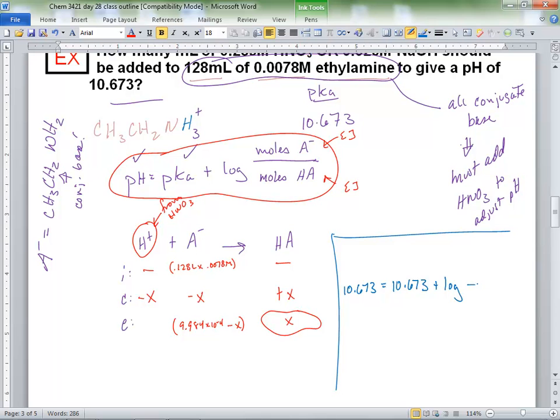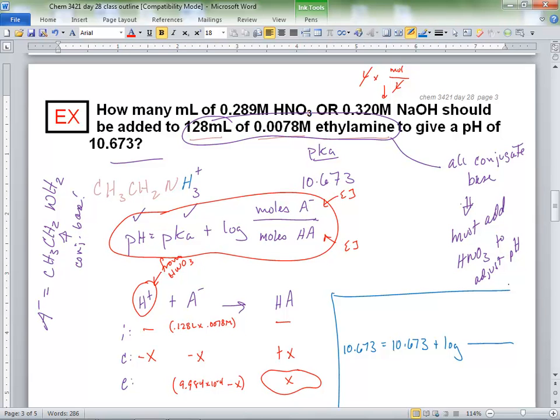Plus the log of moles of... This is different than what we have in our book. What does it say in the book? 10.78. Sorry. Okay, let's change that. Yeah, something else is happening otherwise. Oh, but that's right though. 10.78.